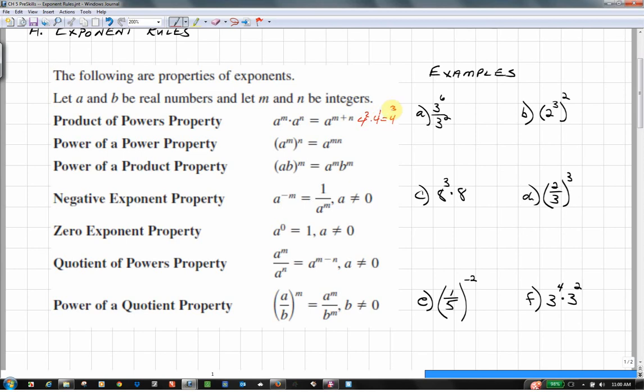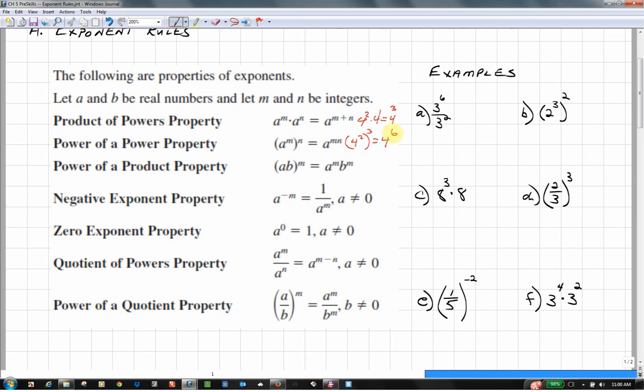Okay, if I have a base to an exponent and that's taken to another exponent, then those exponents would multiply. That would be simply a case like if I had 4 squared and then that cubed, that would be 4 to the 2 times 3, which is 4 to the 6th. In that case, the exponents multiply.